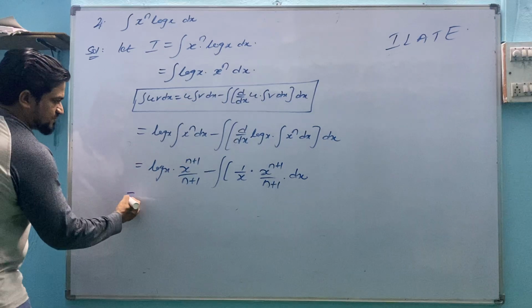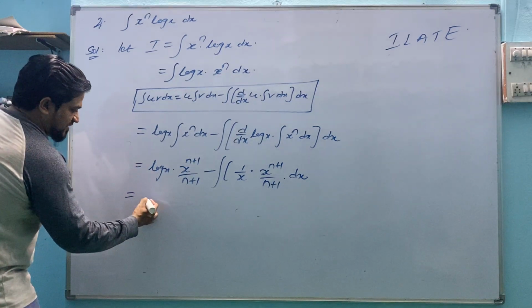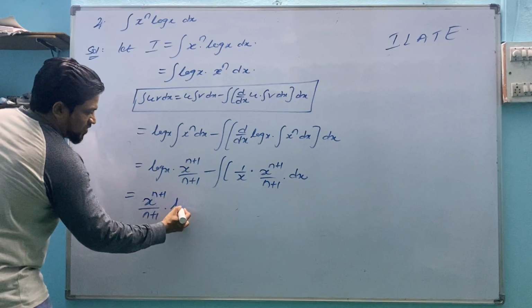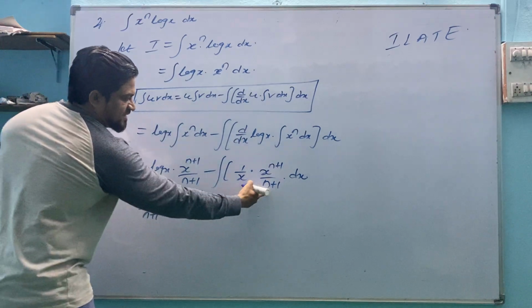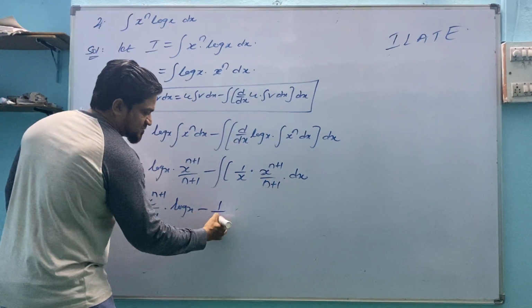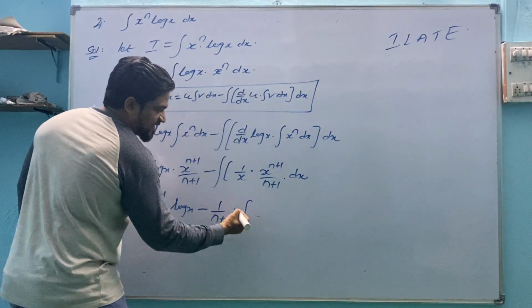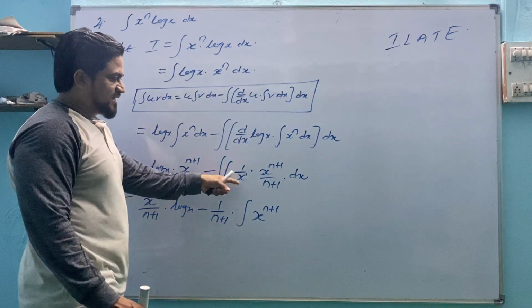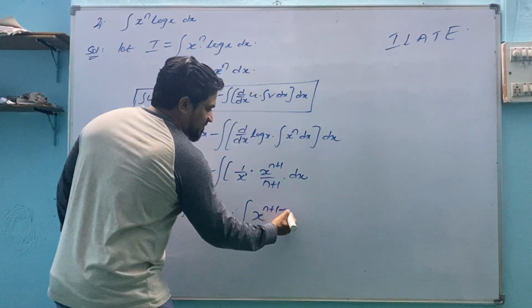Now here we'll arrange in order: x power n plus 1 by n plus 1 into log x minus, this n plus 1 comes out, 1 by n plus 1 integral x power n plus 1, because this x is in the denominator, it comes to the numerator, then minus 1.